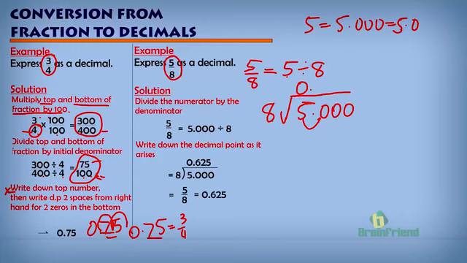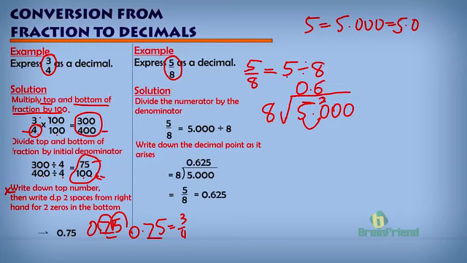Now 8 can go into 50 to give us 6. 8 times 6 would give us 48. It means that 8 would go into 50 to give us 6, which gives us the number 48. Of course, remainder 2. We have a remainder of 2. Let's put that 2 somewhere to remind us.